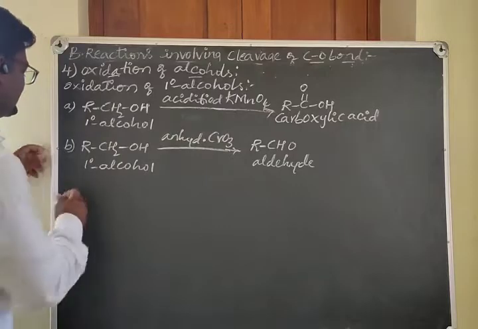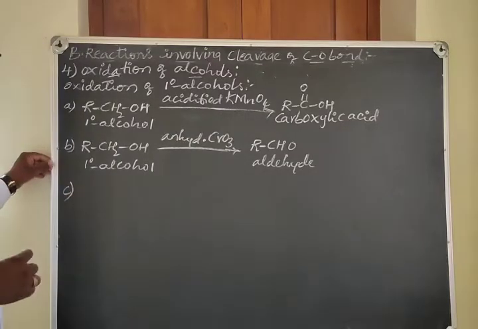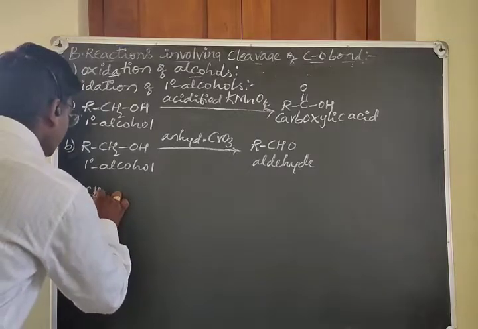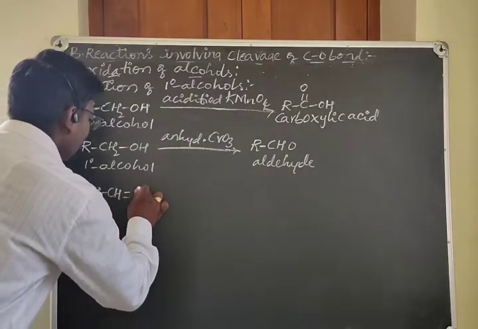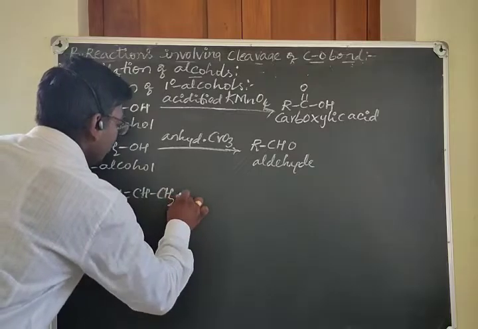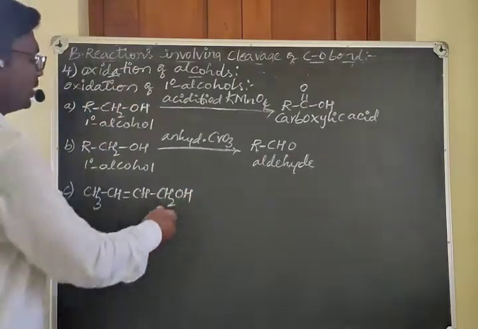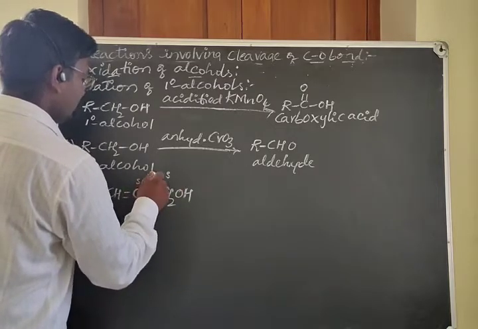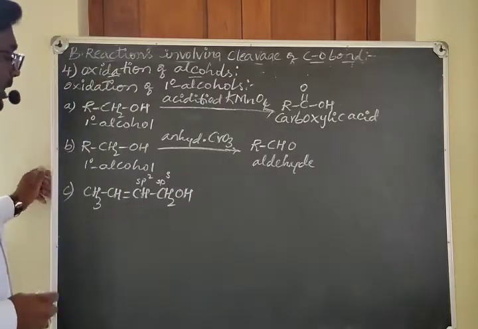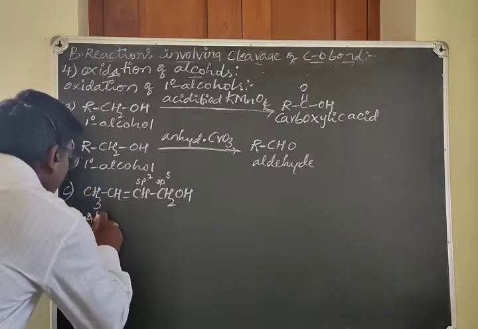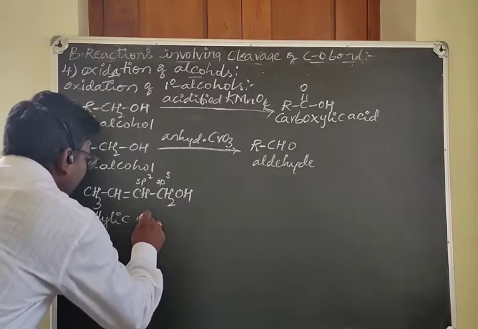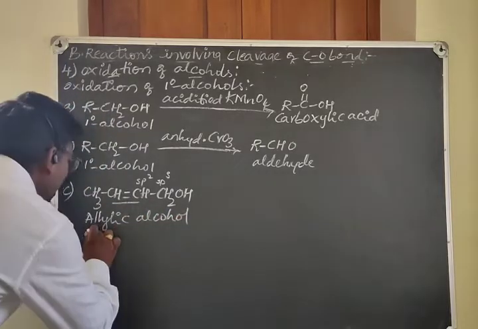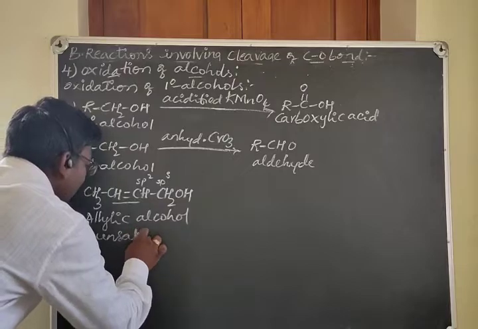Let's see another important one, that is when you have allylic alcohols, for example CH3, CH double bond CH, CH2, OH. What is this? The OH-containing carbon is sp3, and next to it is an sp2 carbon with a double bond. So this is called an allylic alcohol. Due to the C double bond C, this is an unsaturated alcohol.